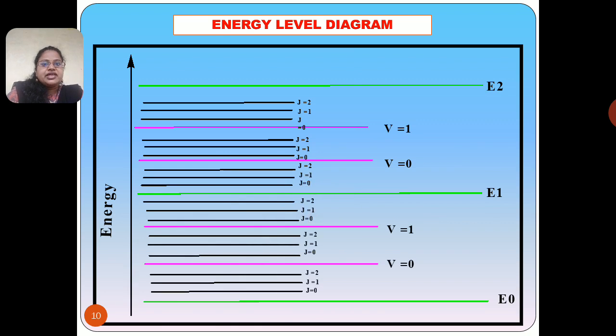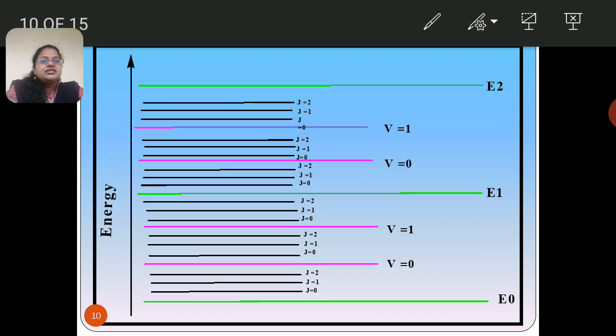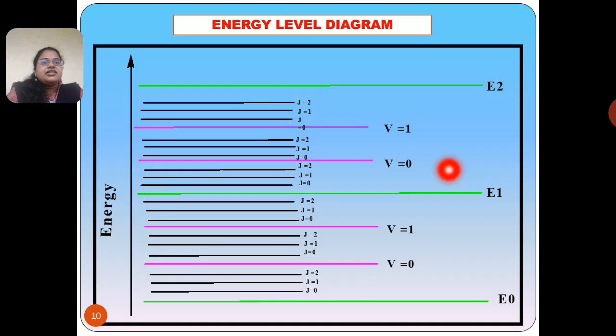This is the energy level diagram. In this diagram, the green lines showing E0, E1 and E2 all stand for the electronic states. This is the electronic energy level. As discussed earlier, the electronic energy levels are associated with vibrational energy levels.